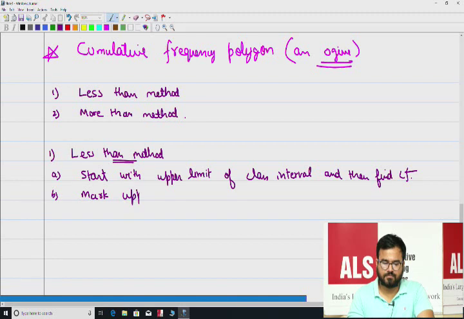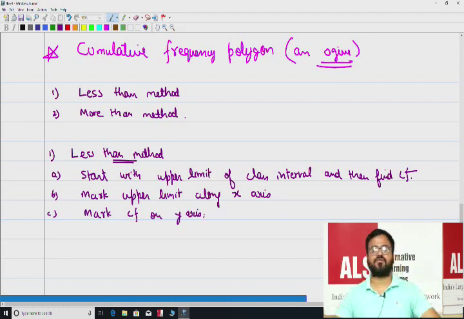Mark upper limit along the x-axis and CF on the y-axis. So we start with the upper limit. We consider only the upper limit of the class interval in the less than type, and we plot the upper limit points on the x-axis and the cumulative frequency on the y-axis.